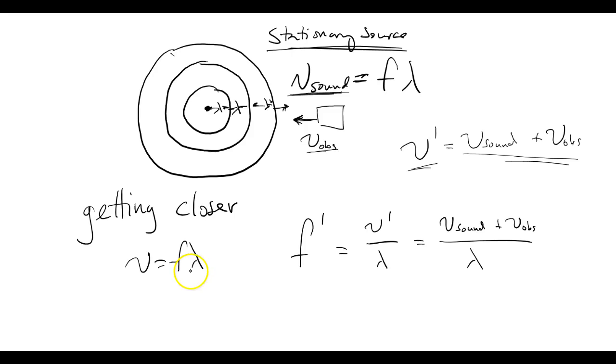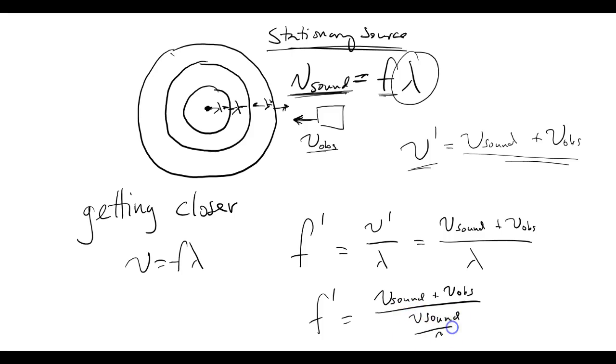But we know that the wavelength is the speed of sound divided by the frequency. So I'm going to say f prime is equal to v sound plus v of the observer all over the wavelength, which would be v sound all over f. All I did was rearrange that equation.